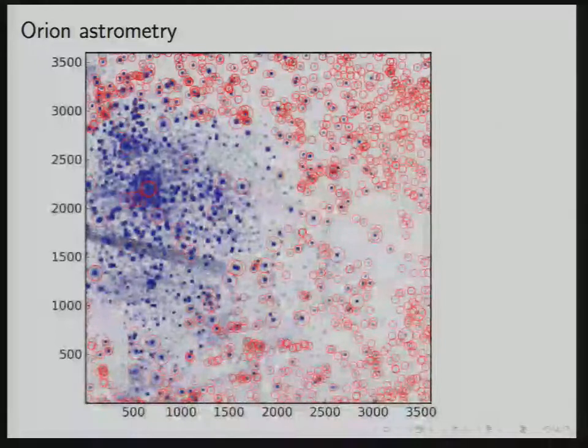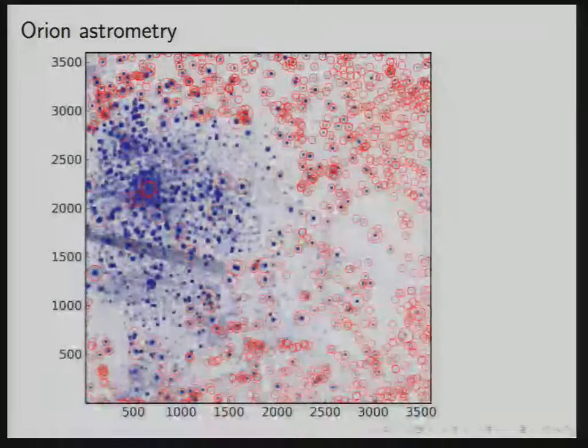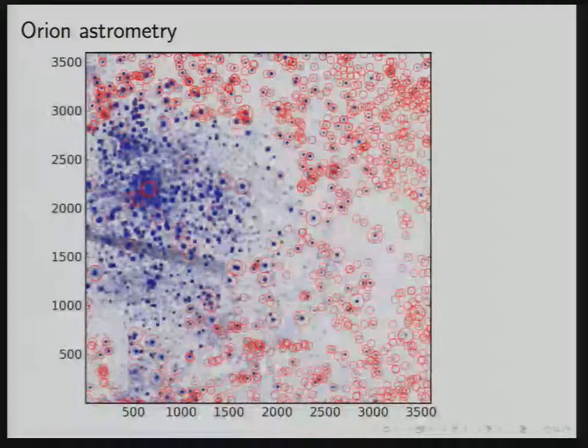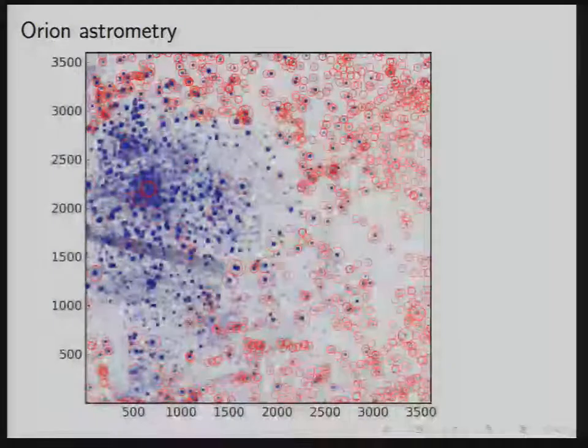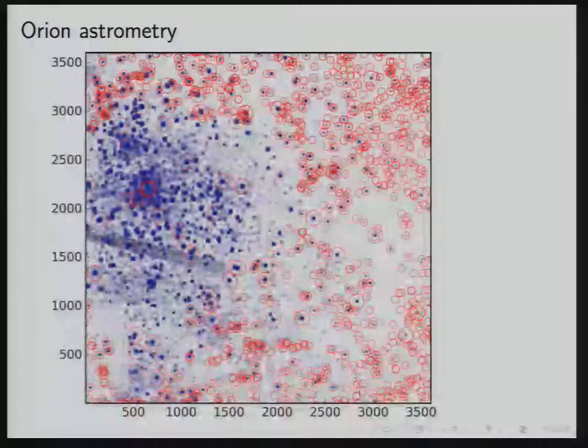So, I don't know the answer to that. It is a collection of detected objects. So what we've done is we've run some kind of fairly sensible star detector, and then we're over-plotting the outputs for many images.